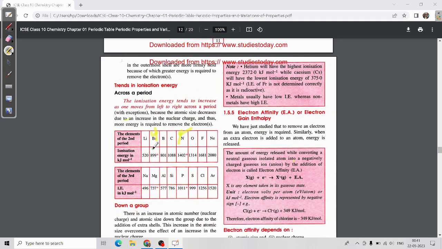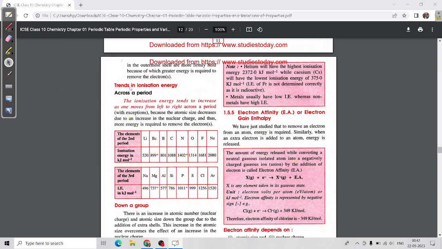But you can see here that boron should have more ionization energy than beryllium, but it is vice versa. Beryllium is having more ionization energy than boron. And the same here: oxygen should have more ionization energy than nitrogen, but it is vice versa. Nitrogen is having more ionization energy than oxygen.